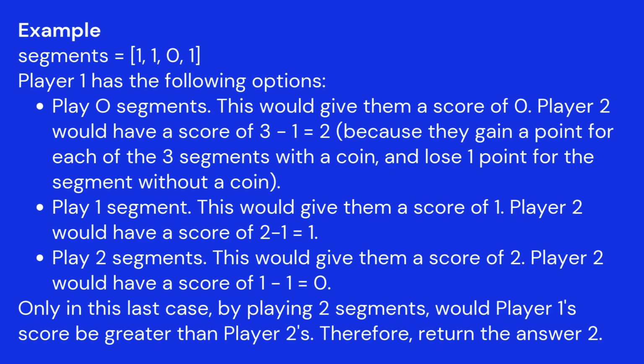This would give them a score of 1. Player 2 would have a score of 2 minus 1 equals 1. Play 2 segments. This would give them a score of 2. Player 2 would have a score of 1 minus 1 equals 0. Only in this last case, by playing 2 segments, would Player 1's score be greater than Player 2's. Therefore, return the answer 2.